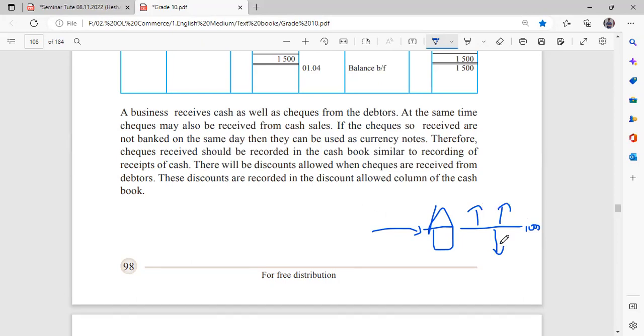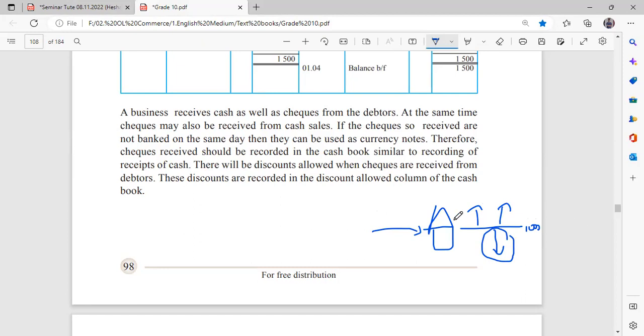We record all payments below 1,000 rupees, which means 900, 800, 700, right? So all the payments in the cash book. The cash book represents the majority, it represents the credit side. I'll explain it after this one.